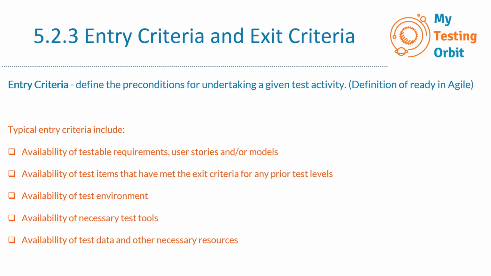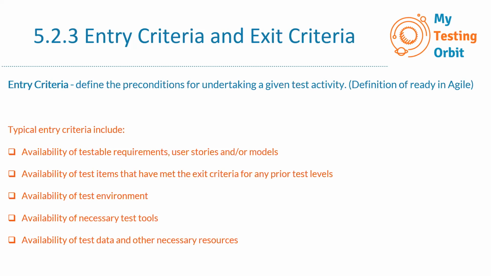I don't remember exactly in which session, but one of the earlier sessions covered this part in detail: when there are certain requirements, first of all, we check for the testability of those requirements. You can refer back to that section if that's not clear. The second one is availability of test items that have met the exit criteria for any prior test levels.